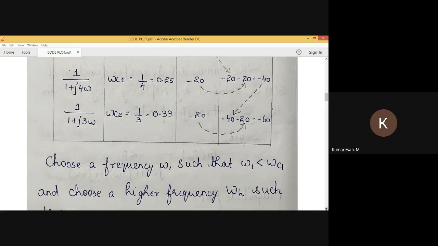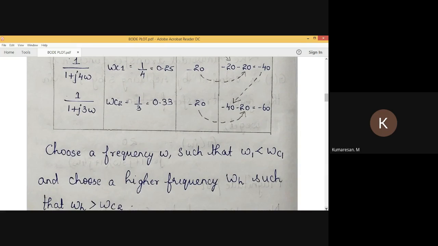Second, we already know the lower corner frequency is 0.25 radian per second, and the higher corner frequency is 0.33 radian per second. These two corner frequencies were found from the given transfer function.